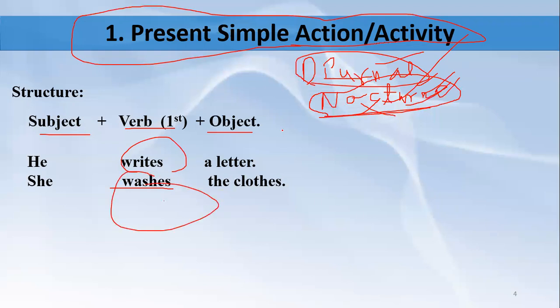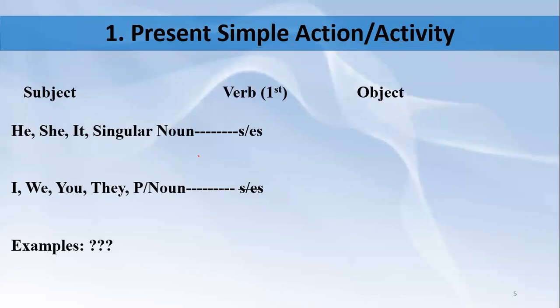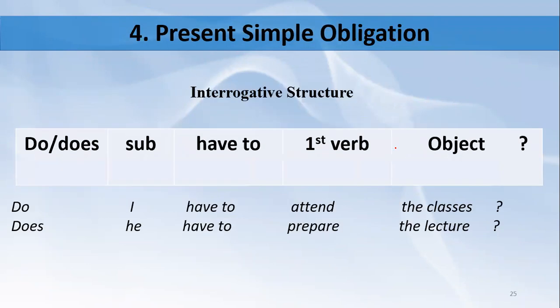Okay. So here are some technicalities in this tense which students usually confuse while writing. The most complicated thing in this tense is the use of s and es. Now keep in mind we have got two groups of subjects.